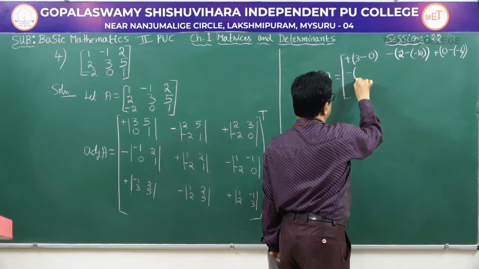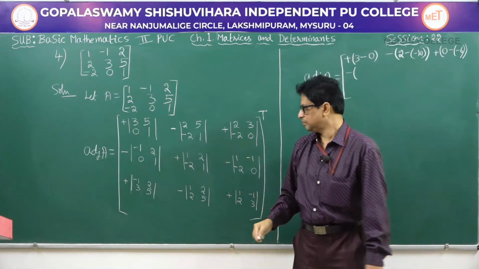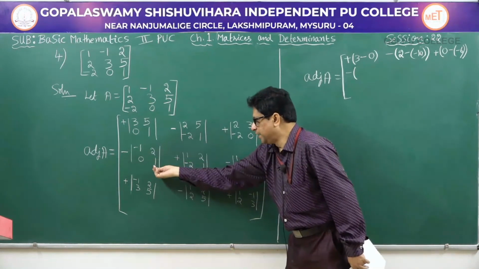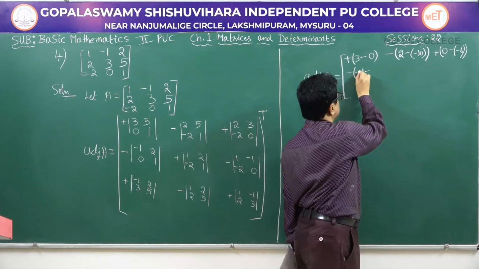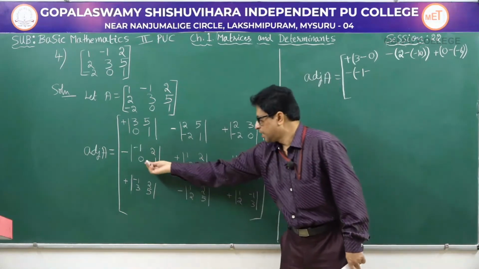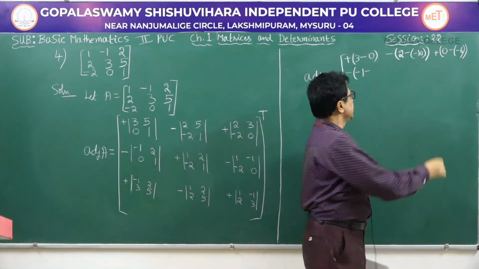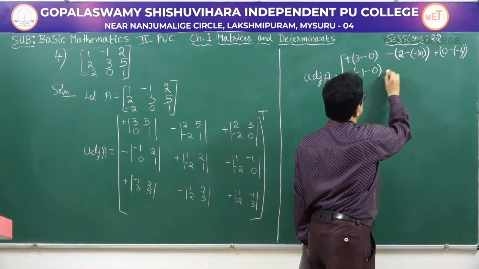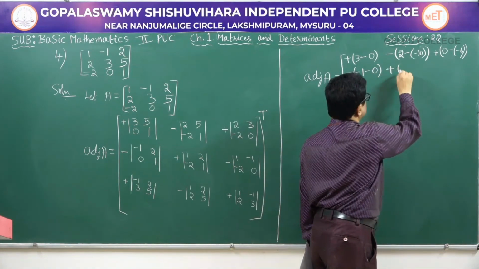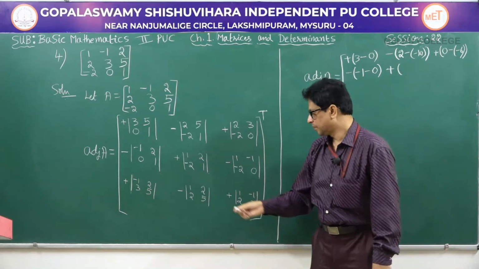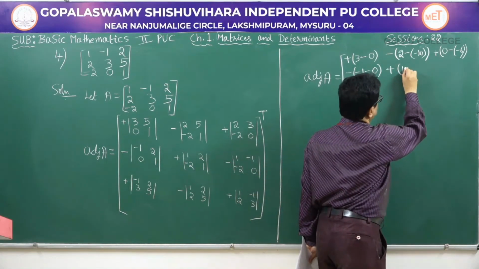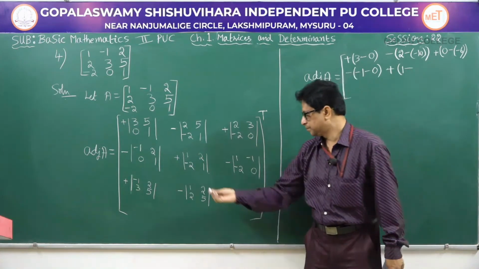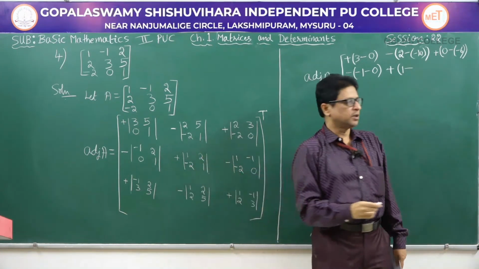Next minus of -1 into 1, minus 1, minus 0 into 2 is 0. Next plus 1 into 1, 1, minus -2 into 2, minus 4.